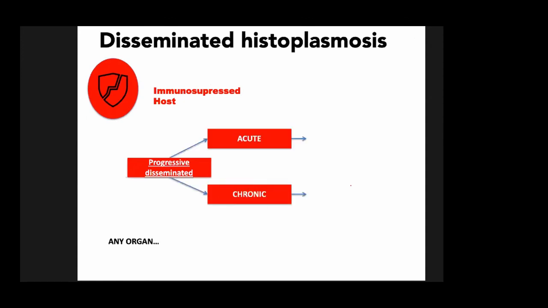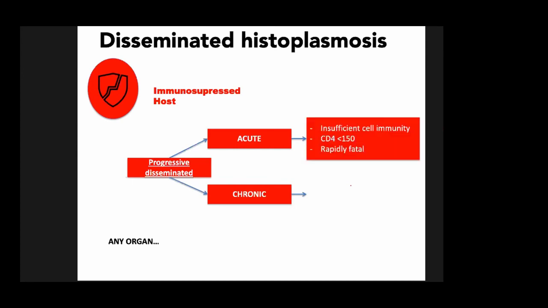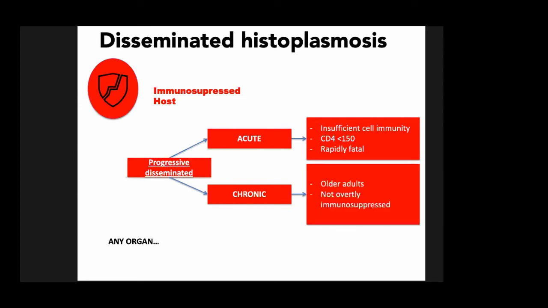The one that our patient had was the acute form. These patients may die within 1 to 2 weeks, so you need to work quickly if you think that this patient has histo. This is usually seen in patients with T-cell problems. The CD4 count is usually below 150 and it's rapidly fatal.